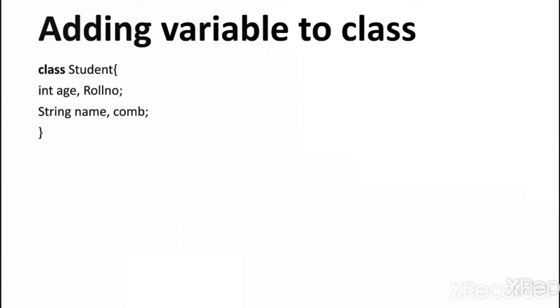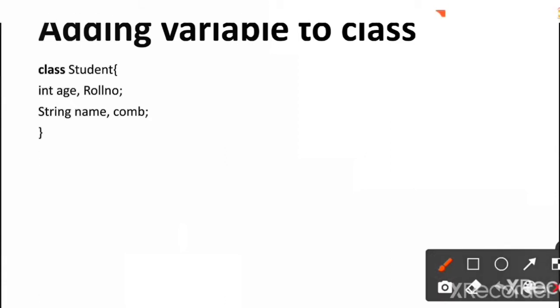Variables are defined by specifying the data type followed by the name of the variable. In this example, I have considered 4 variables, 2 variables of integer type like age and roll number, and remaining 2 variables of string type, that is name and combination. Okay, so this is how you can add variables to a class.